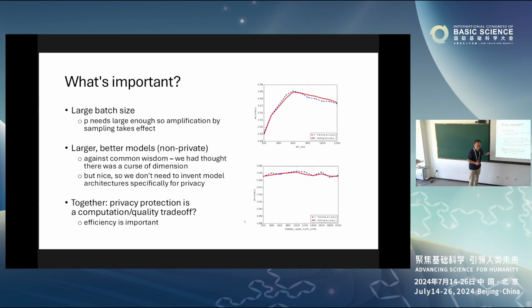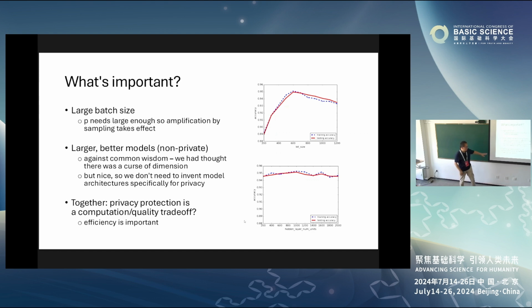But these two facts together imply that privacy training is maybe a computation quality trade-off, because both require more computation, right? You need a large batch size, you need a large model. Of course, I'm talking about the case where your data is sufficiently large.